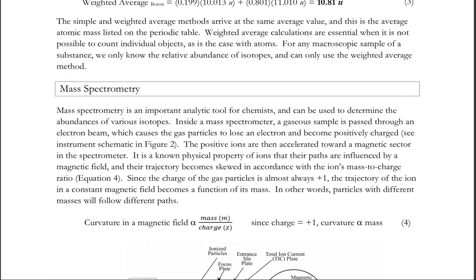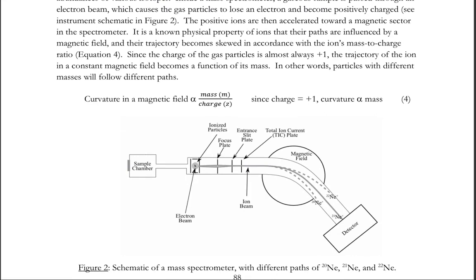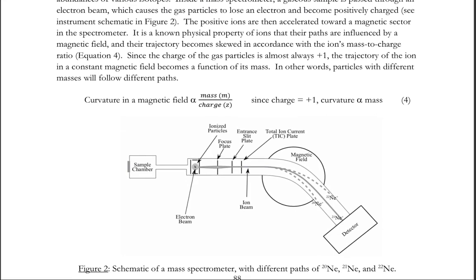Now, mass spectroscopy. That is an instrument that uses an electron beam and a magnetic field, and it allows us to determine if we have a sample that's composed of an element of several isotopes. It allows us to determine the abundance of each of the different isotopes plus their mass.